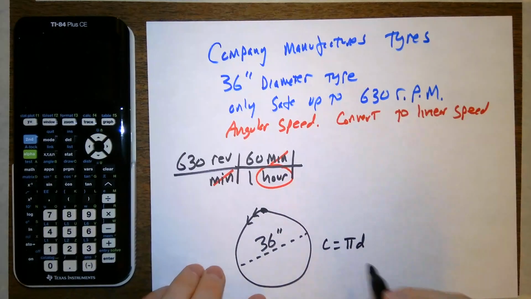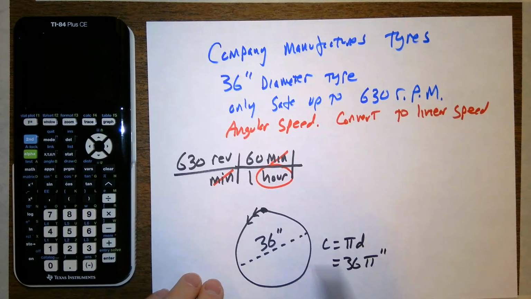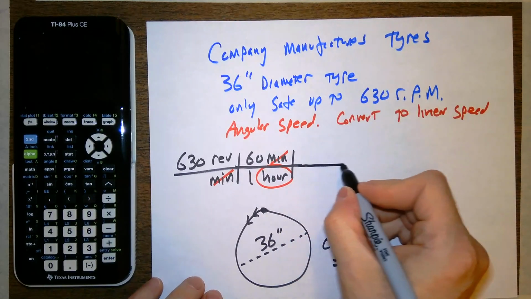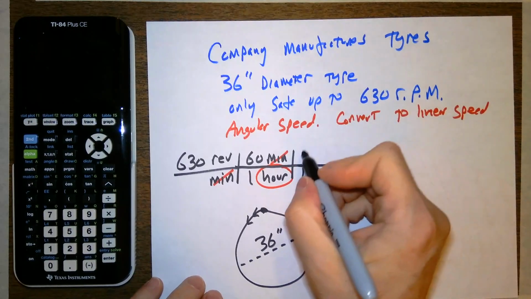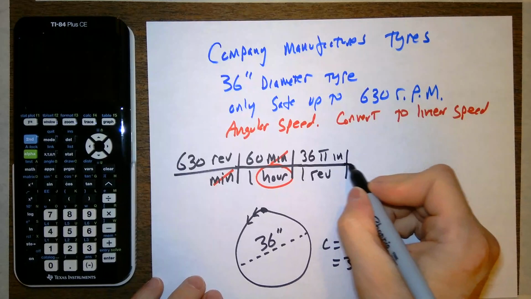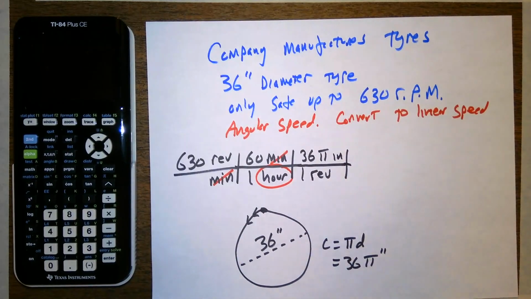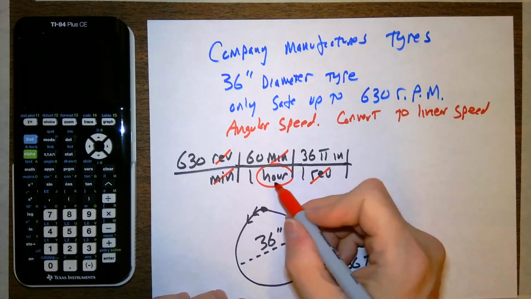So the circumference of this wheel is 36 pi inches. Pi times diameter. So I've got the circumference. Now, I can use the following conversion. 1 revolution is 36 pi inches. So now I've converted from my angular speed revolutions, and now I have inches per hour.